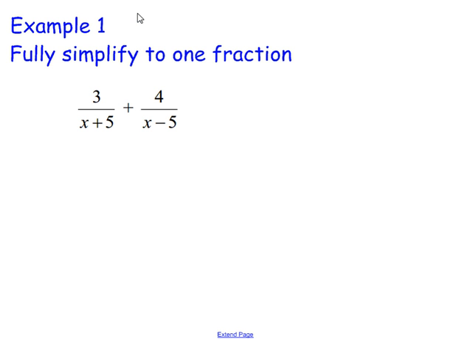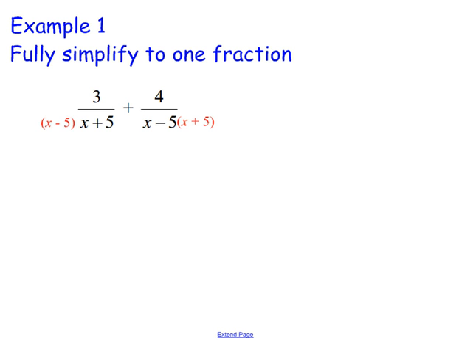Well, if we multiply this by x minus 5 and multiply this by x plus 5, we now have a common denominator of x minus 5 and x plus 5 for both fractions. Do you see that?